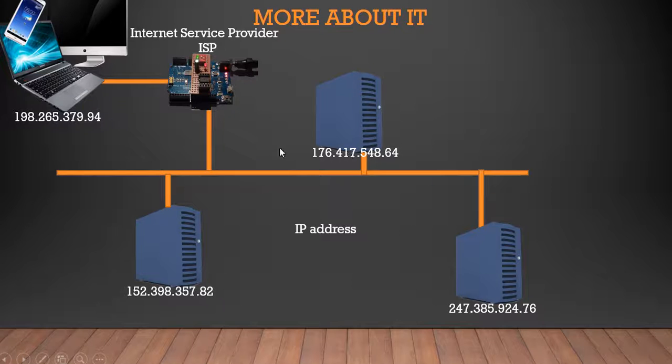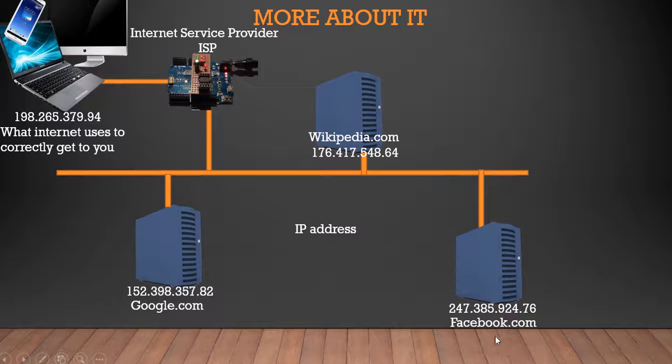It's not very fun to really look at these numbers and memorize them and know what kind of information we want. So we actually have names for them that are very well known, such as Facebook, Google, and Wikipedia.